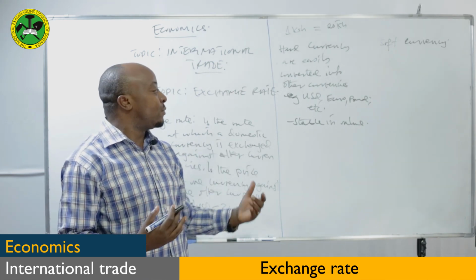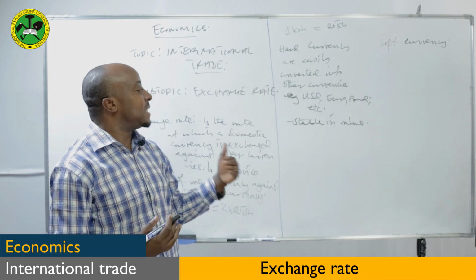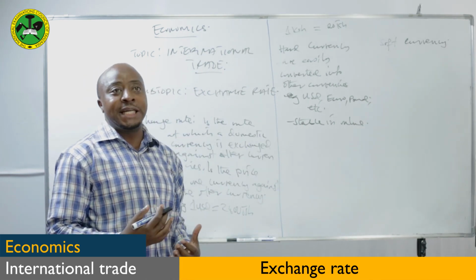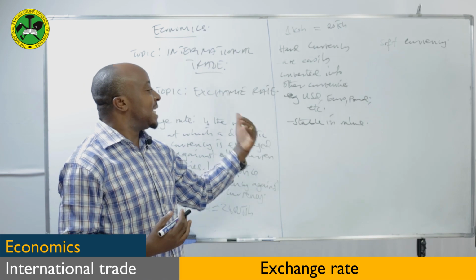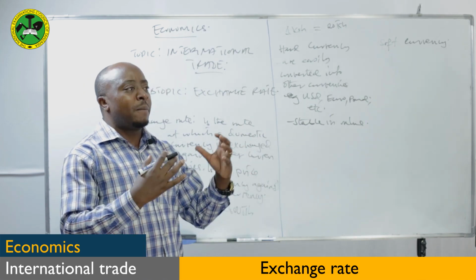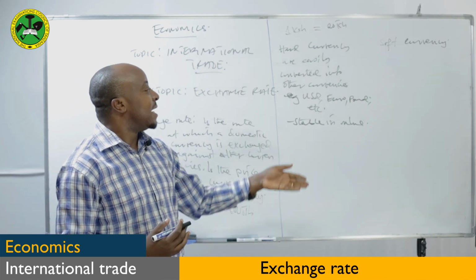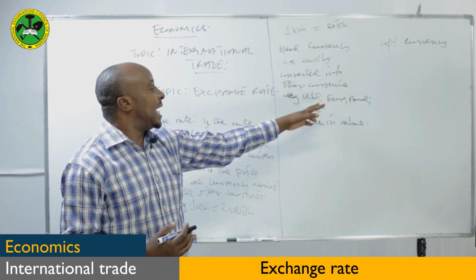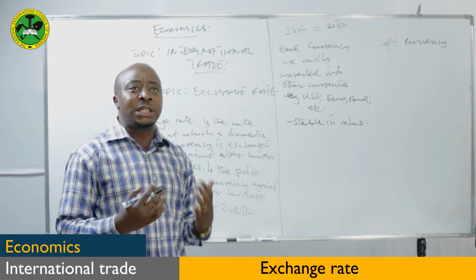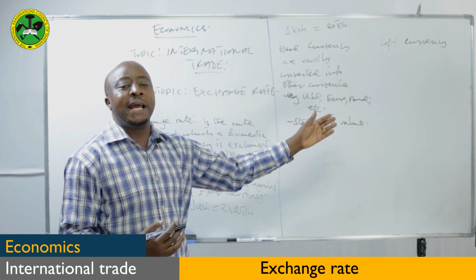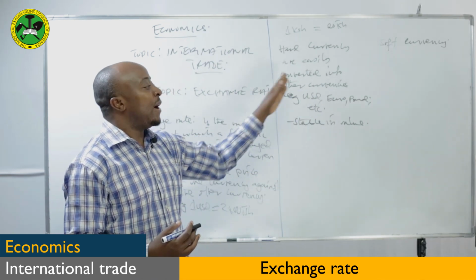It is not easy for them to depreciate. They can appreciate easily, but not depreciate. So they are stable in value for a long period of time. For example, it is not easy to find USD having depreciated against other currencies, because this money is stable for a long period of time.